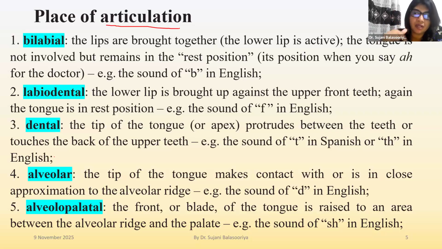Nasal tract and the vocal tract. And talking about the place of articulation, we talk about how we can classify consonants according to particularly where they are produced inside the vocal tract. Because there are so many places available, and any consonant can be produced at any of these places.